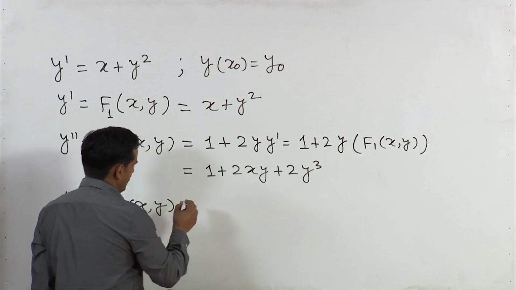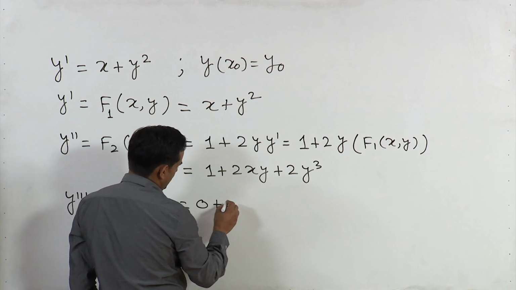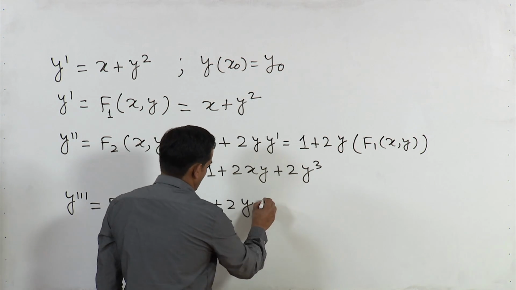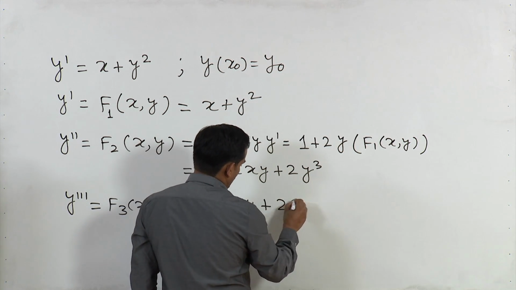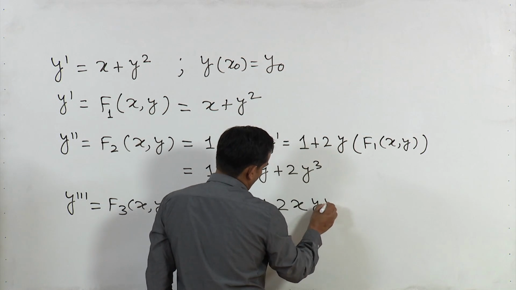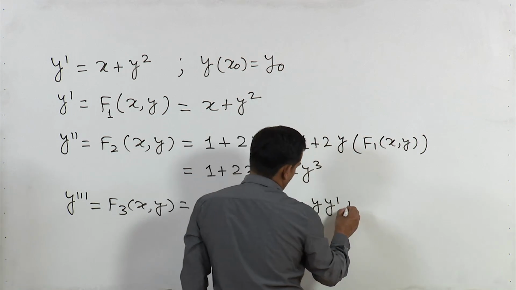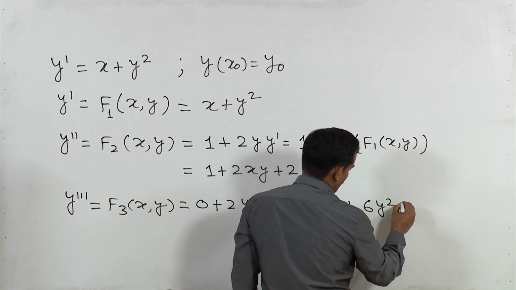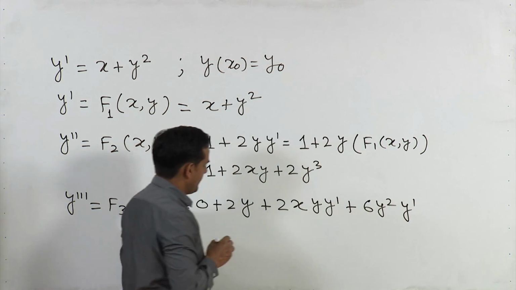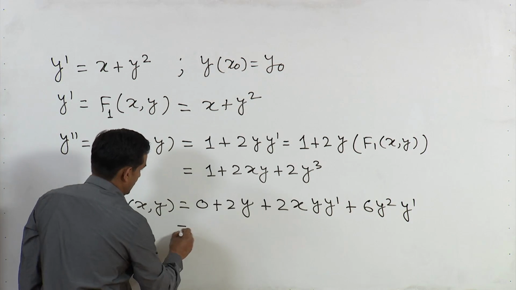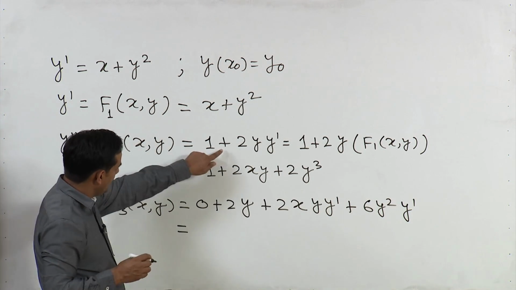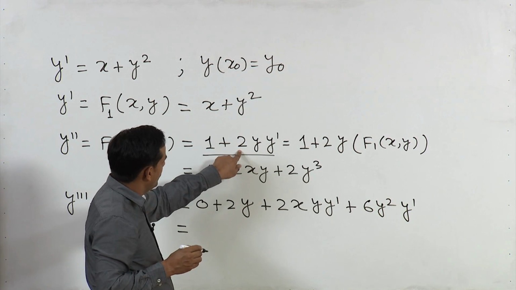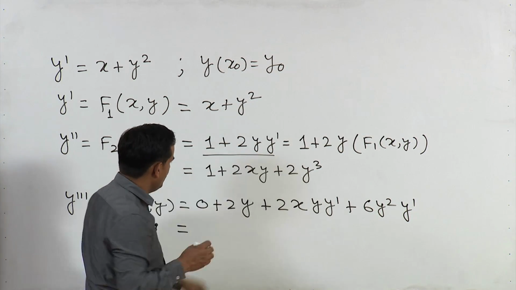So, it will become 0 plus 2 times y plus twice x y into y prime plus 6 y square into y prime, or from here I can write, if I want to calculate directly, 0 plus 2 times y into y double prime.